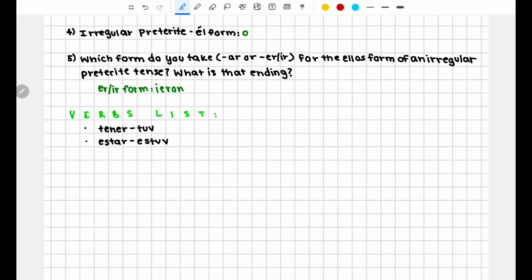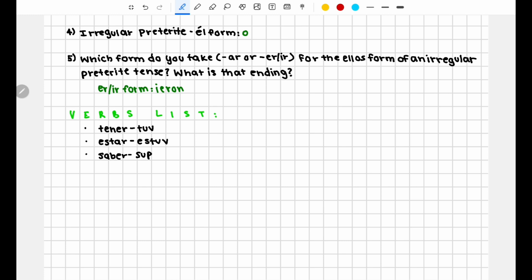Estar is one of those verbs that the stem itself is similar to tener. You just add an es to the beginning of the stem tuv and it becomes estuv, and then you would add your correct preterite tense ending, so it would be estuvo for he is.